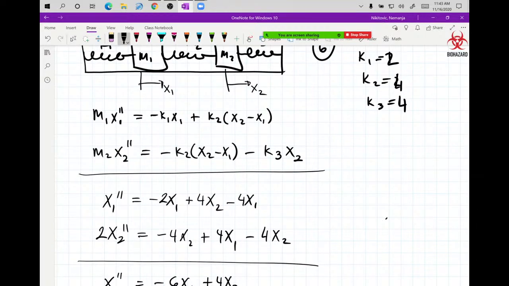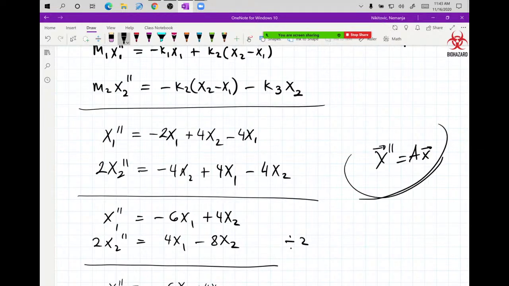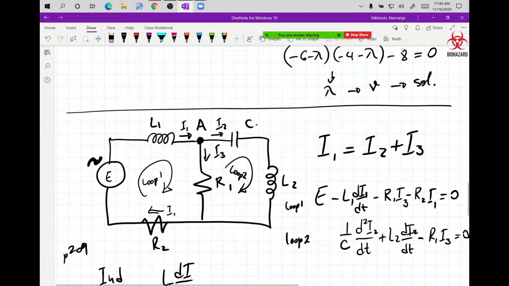So the system was very easy to convert into the system that we can use like this. But our electrical system, which I have below, cannot be written in this form, because the inductors make sure that we have a first derivative around.